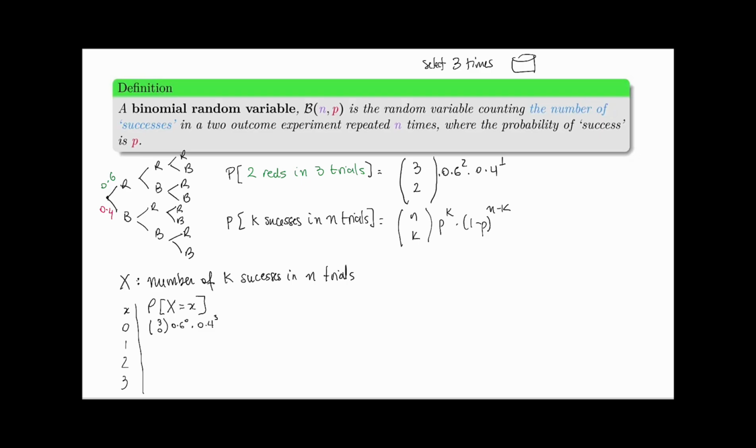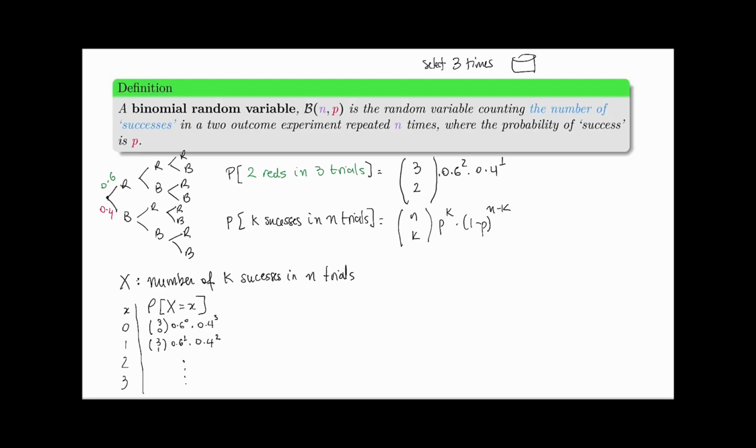What's the probability of my success, or my red, equals 1? Well, in 3 trials, I would choose 1 to be red. The probability of red will come up 1 time, the probability of blue will come the other 2 times. And so on.